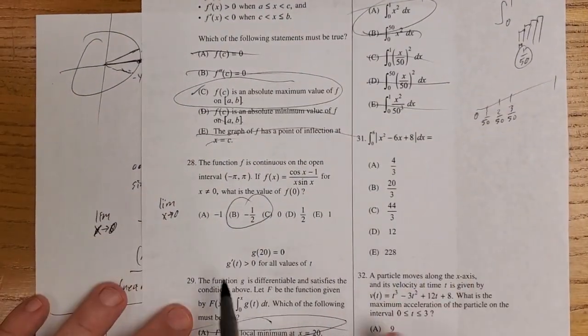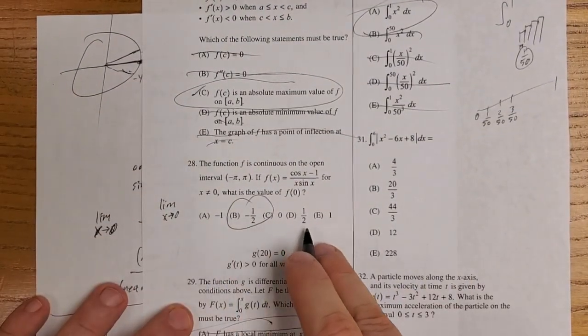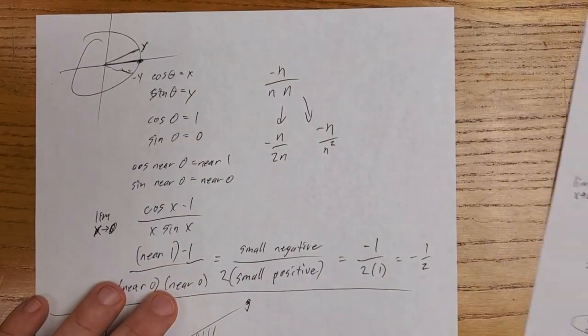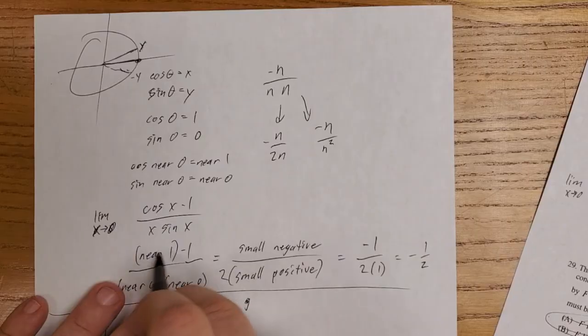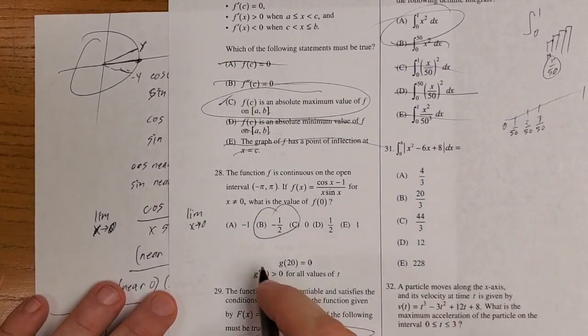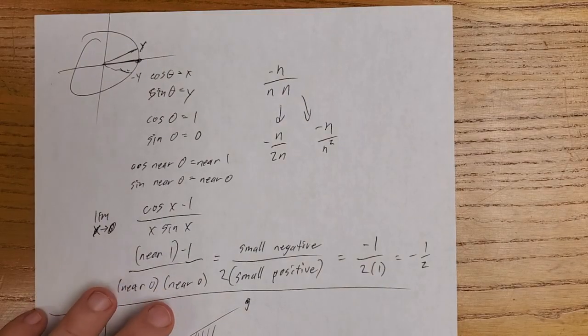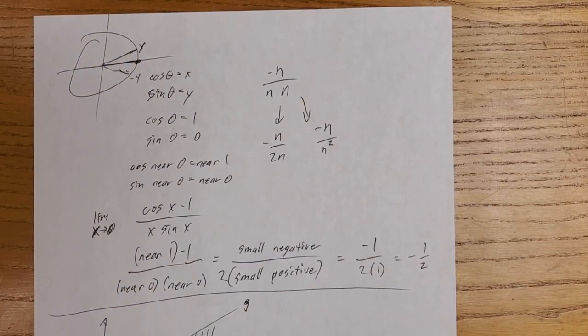The only options are -1, -1/2, 0, 1/2, and 1. And we know it's negative, because of the top, so that narrows it down to -1 and -1/2, and so you kind of got to feel it out from there.